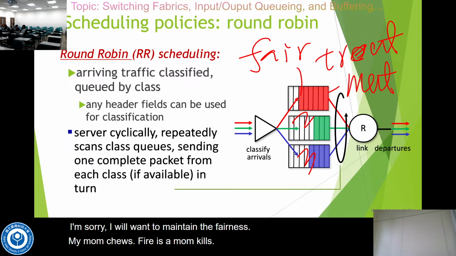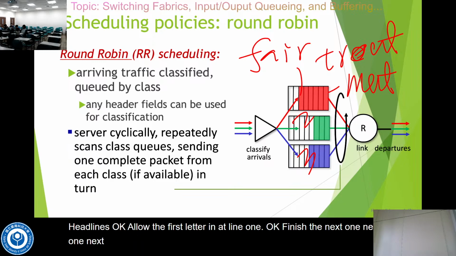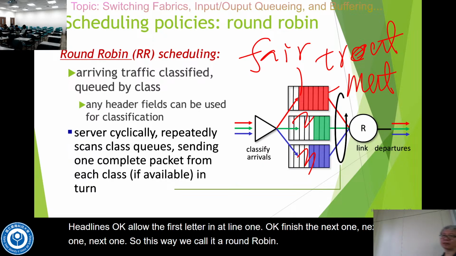For example, right now we have 8 lines. Allow the first student in line 1, finish, then the next one, next one, next one. This way we call it a round robin manner.